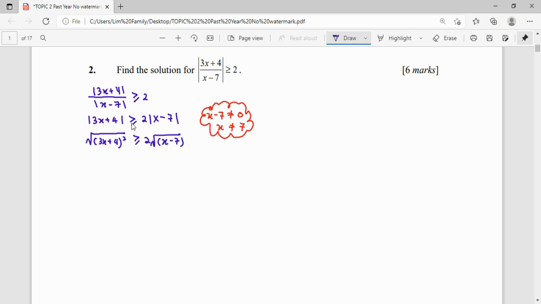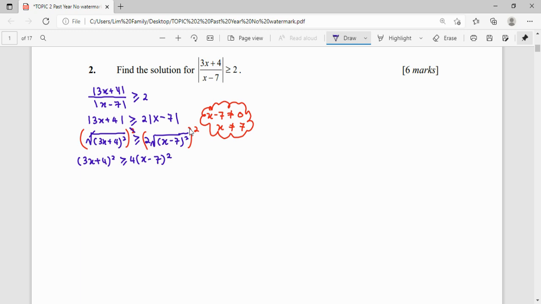So we change the writing, and we can simplify it by squaring both sides. After squaring both sides, this square can be simplified by this square root. So we only expand 3x plus 4 square. And for these 2, remember to square it to get 4. Meanwhile, the square root and square cancel each other, leaving x minus 7 square.